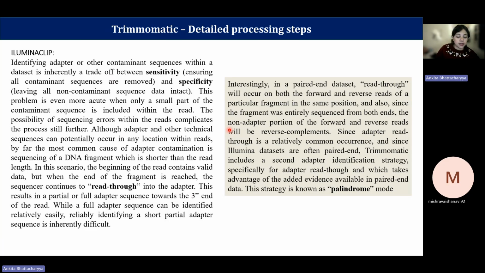So if your read length is supposed to be 100 base pairs and the DNA fragment that you have gotten after sonication is 80 base pairs, for example, or 85 base pairs, then what does the sequencing machine end up doing? At the beginning of the read, it sequences valid data, but towards the end, it does not, because it wants to satisfy that criterion of 100 base pairs.